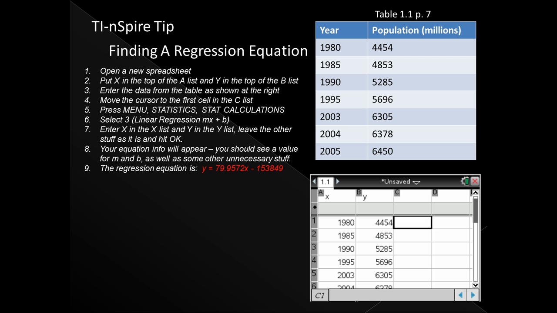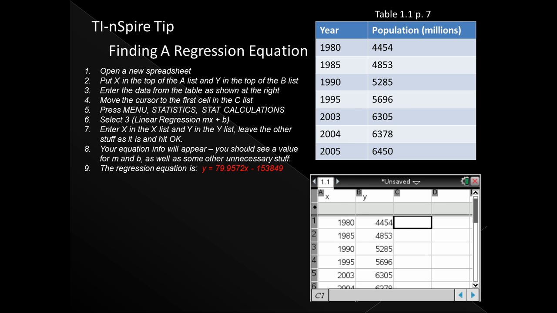Okay, this is actually an example. This is from table 1.1, which is on page 7 of your textbook. And this is how we are going to put this data table of information into your Inspire, and then based on this data table, we're going to be able to calculate our regression line.